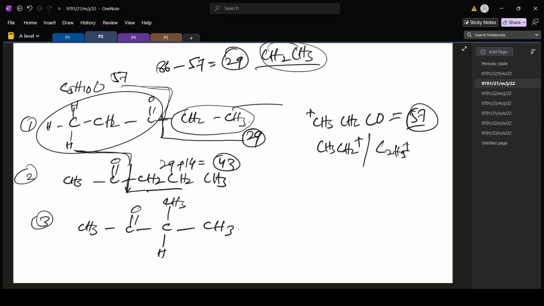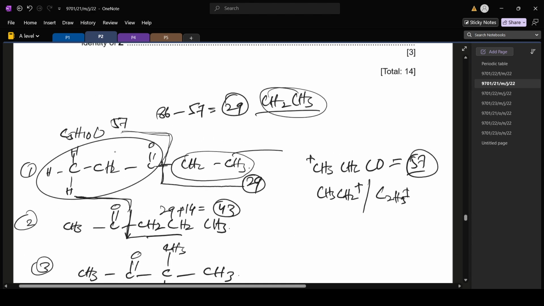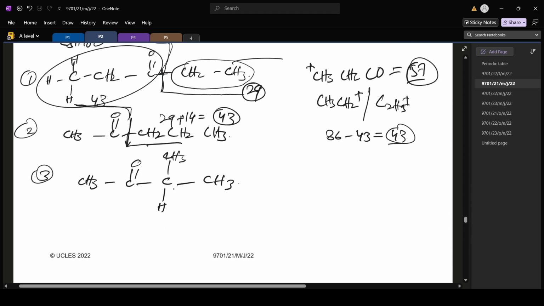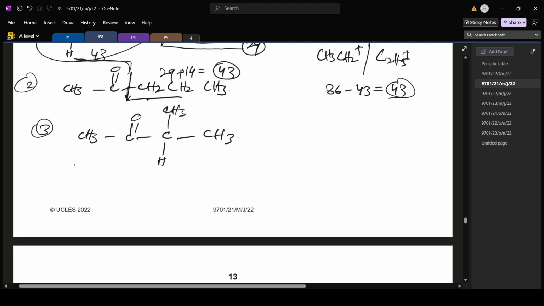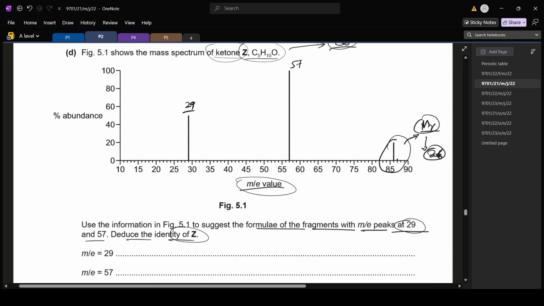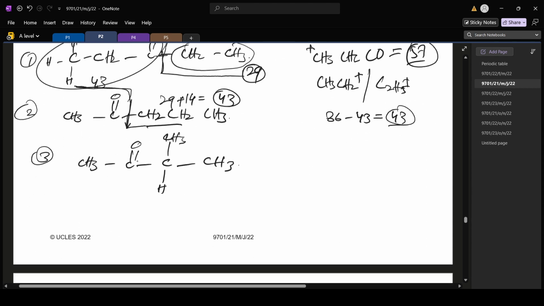And if you subtract 43 from 86, you will get 43. So this is also 43 and this is also 43, but we don't have any peak at 43.